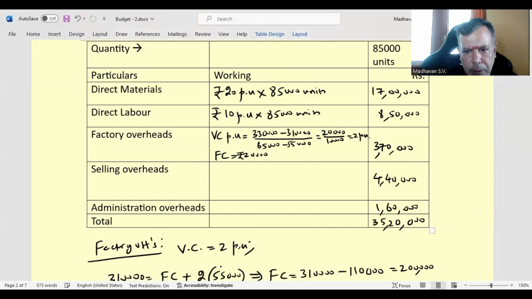That is the total cost. That is the solution for this question.